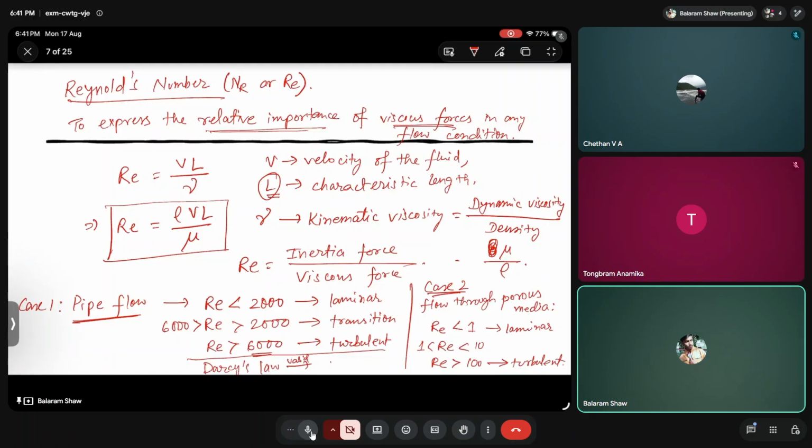Till this it is clear, right? And we'll move to the question. Okay, so the question was: kinematic viscosity is defined as the ratio of what? Just now we have seen, right? Can you tell me the answer?